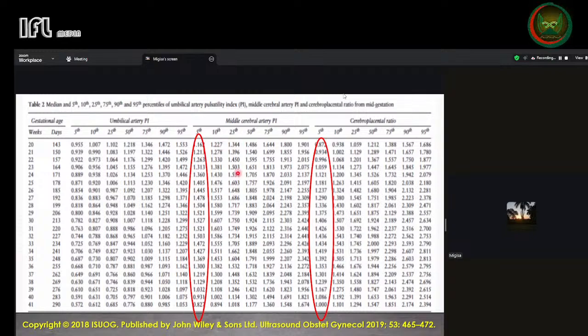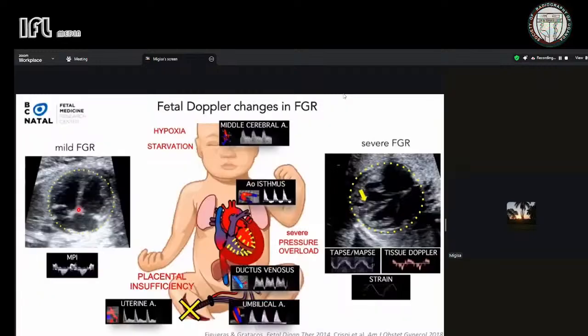So basically MCA is the opposite of umbilical. Even the waveform: the normal waveform in the umbilical is the abnormal one in the MCA, and the normal MCA is exactly the abnormal one in the umbilical. So they are opposites.